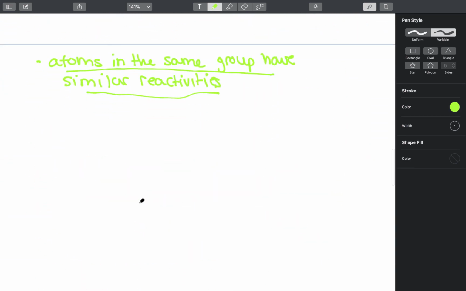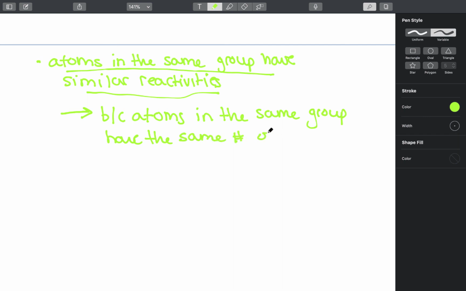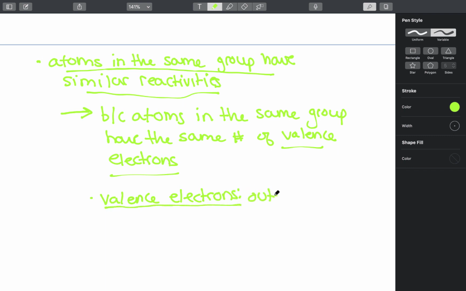And the reason for that, we're going to get more into this later, is because atoms in the same group have the same number of valence electrons. And valence electrons are the outer electrons, so the outer shell electrons.